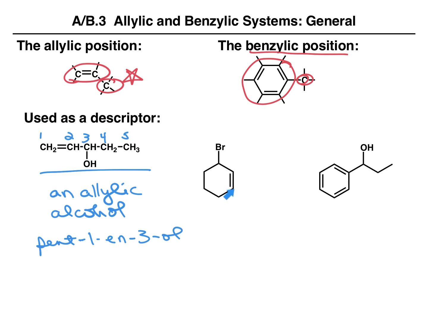So we're looking at this as our alkene, and therefore this is an allylic position, and this is an allylic position. At the bottom one, this is only connected to hydrogens, but at the top one, we have a bromide connected there. So this compound can be referred to as an allylic bromide.